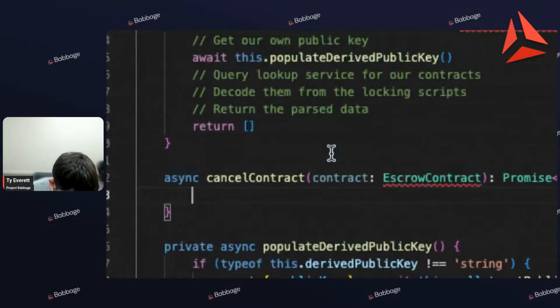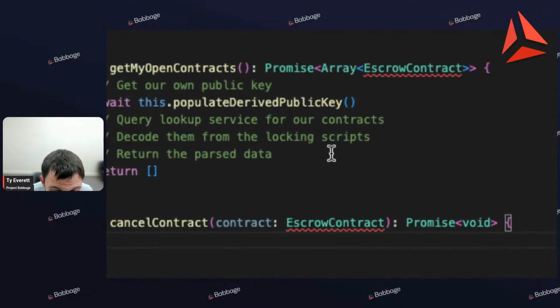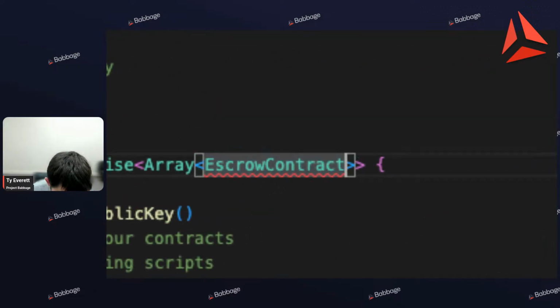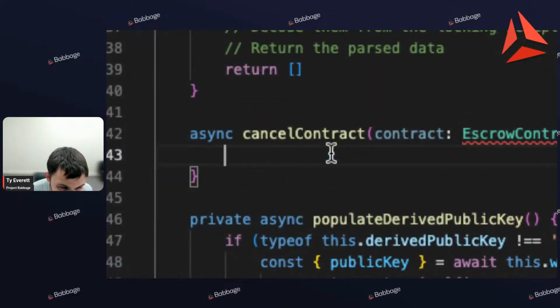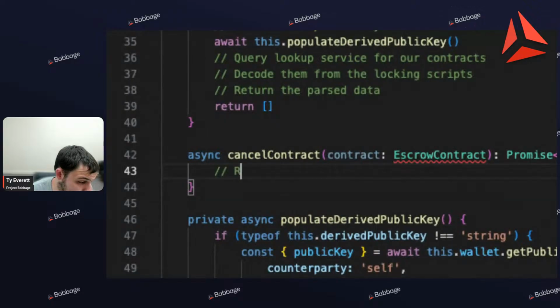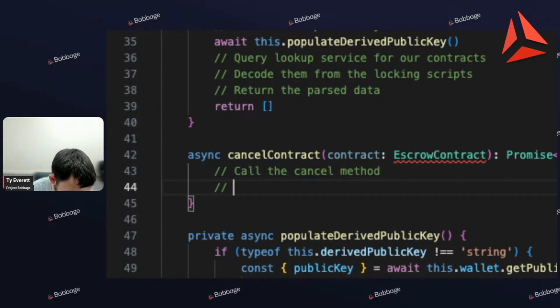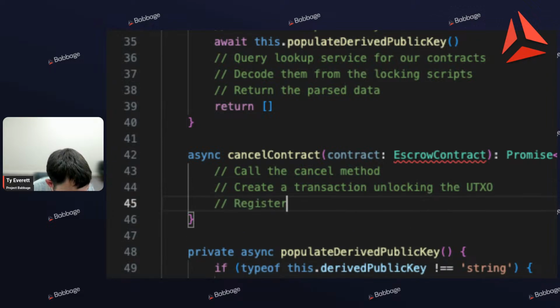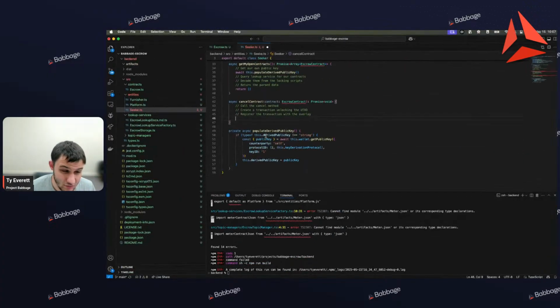Then I should be able to cancel it. And that's just going to register the transaction with the overlay after it cancels.